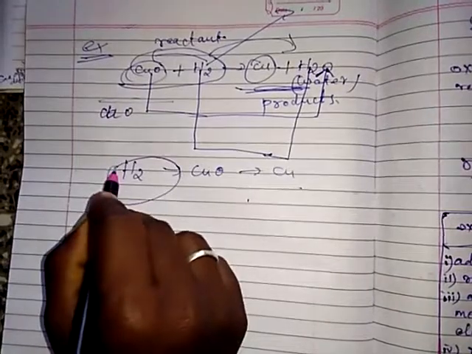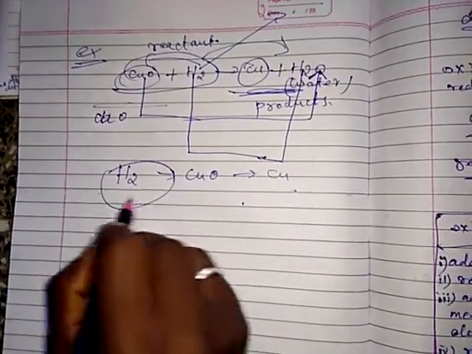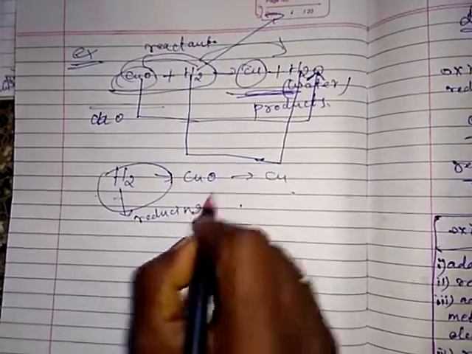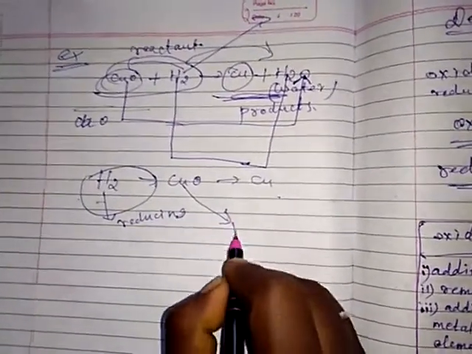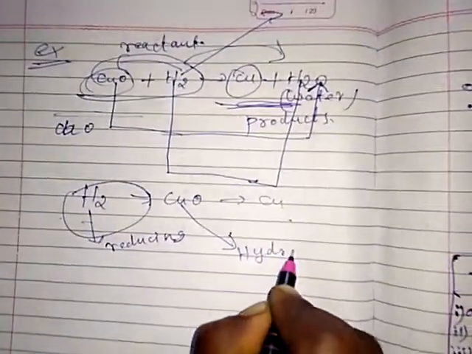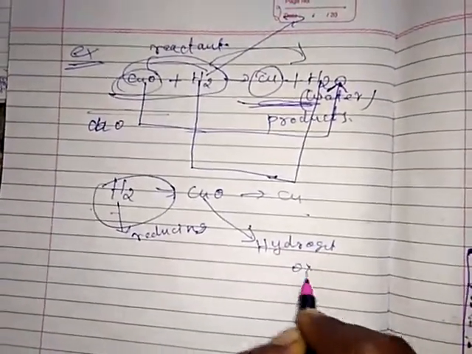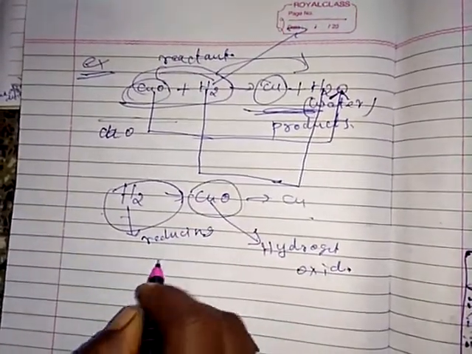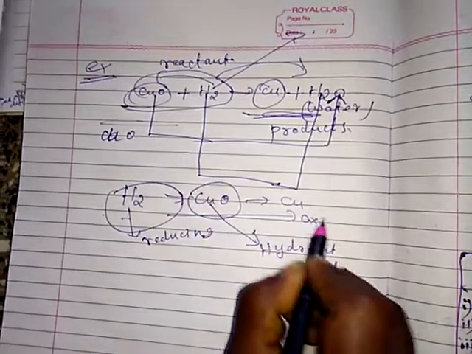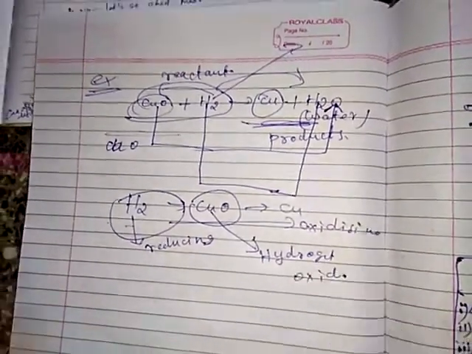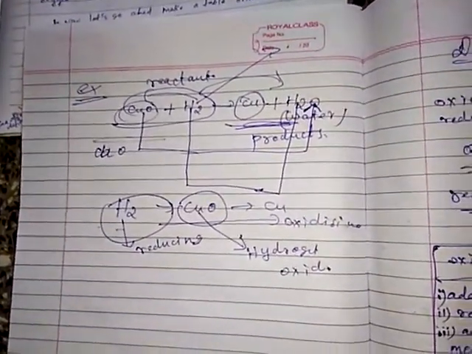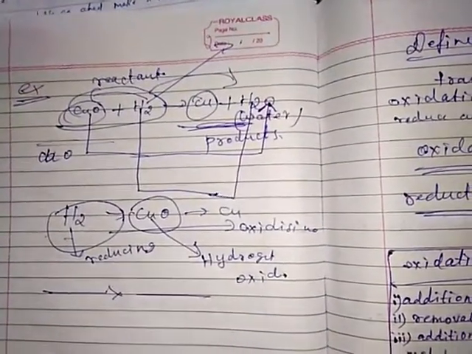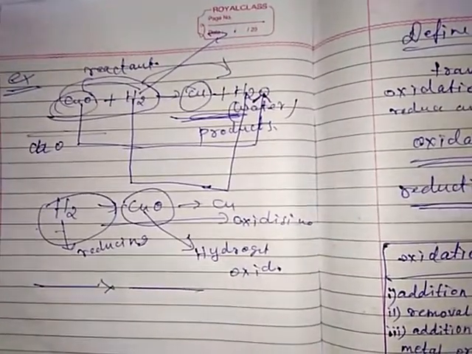So hydrogen is a reducing agent, and copper oxide is helping hydrogen get oxidized to water, so copper oxide is acting as the oxidizing agent. This is the reduction and oxidation reaction.